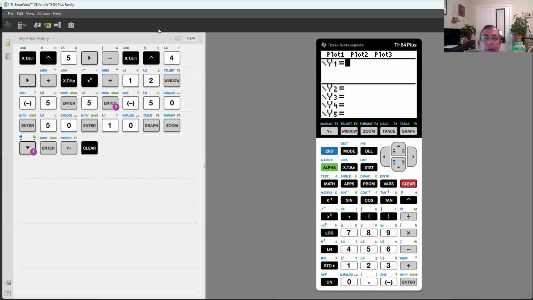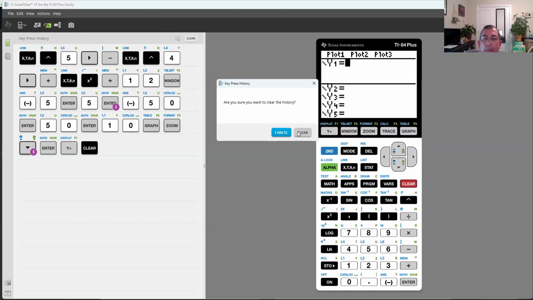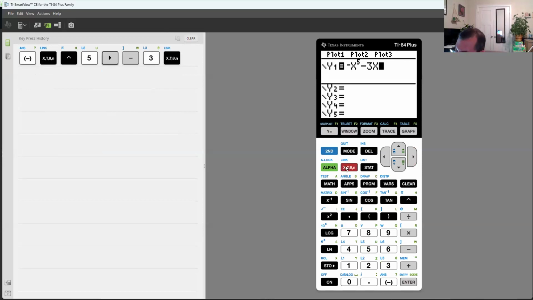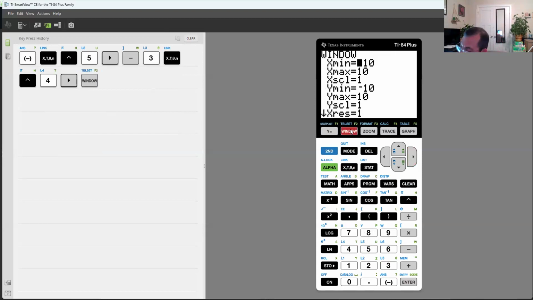So I'll go to Y equals and clear that out. So y'all, we had negative x exponent 5, arrow down, and that was minus 3x exponent 4. So I got my function in. Now remember, I'm going to set the window to match theirs.